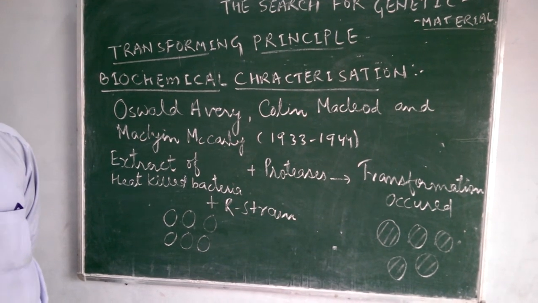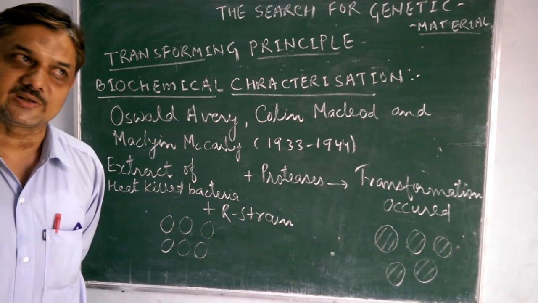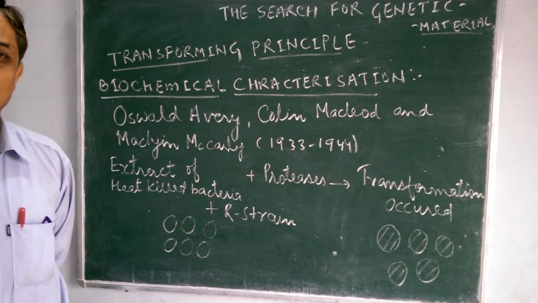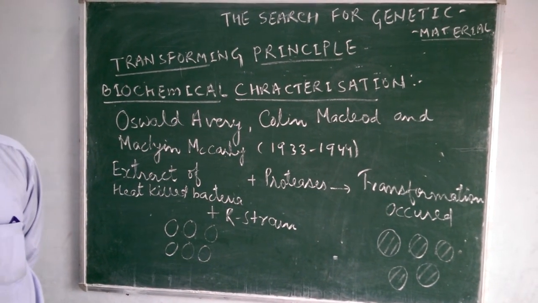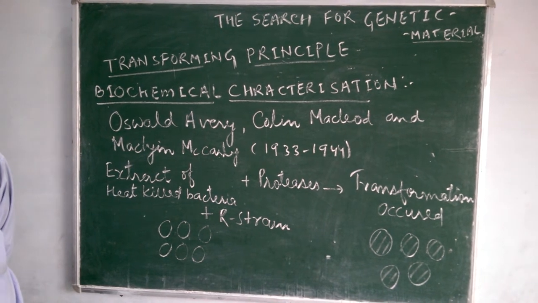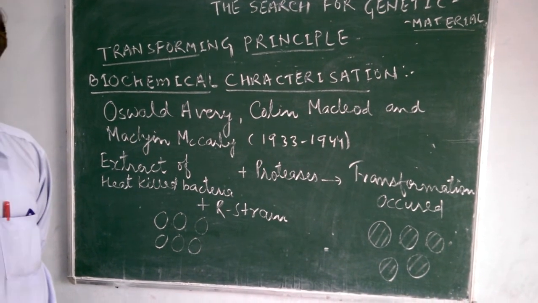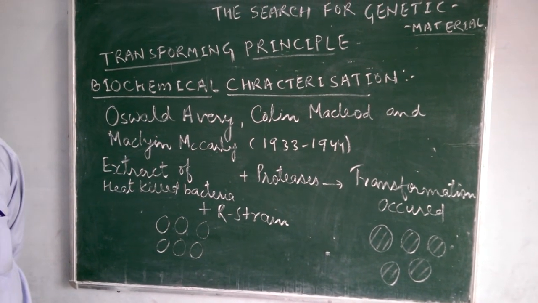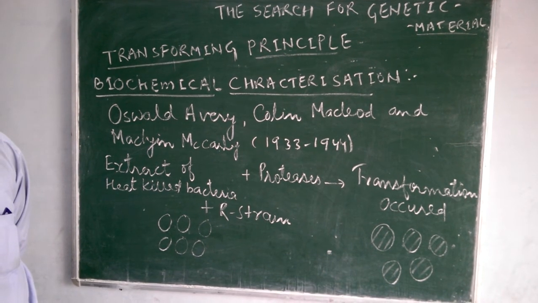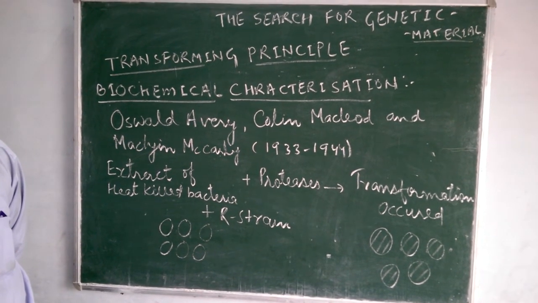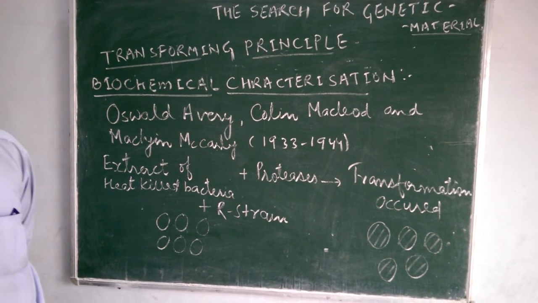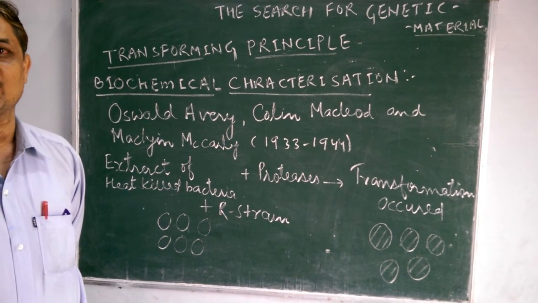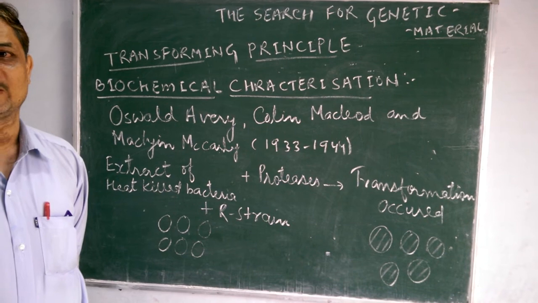It means all the proteins present in that extract were digested by the protease, so they were not available. When this mixture was injected into the body of mice, the mice survived because the protein could not convert R strain bacteria into S strain bacteria.